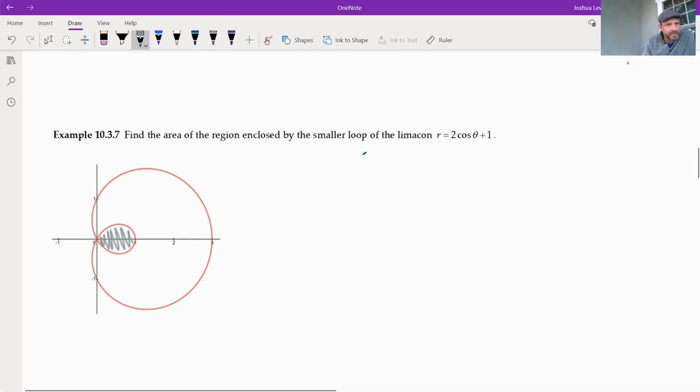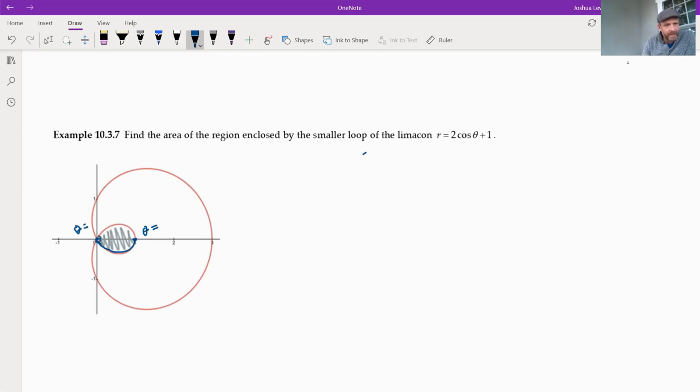We might notice that instead of integrating this whole thing, we could just maybe double part of it. And so then the issue is, what is this theta right here? And what is that theta right there? Well, let's think about it.